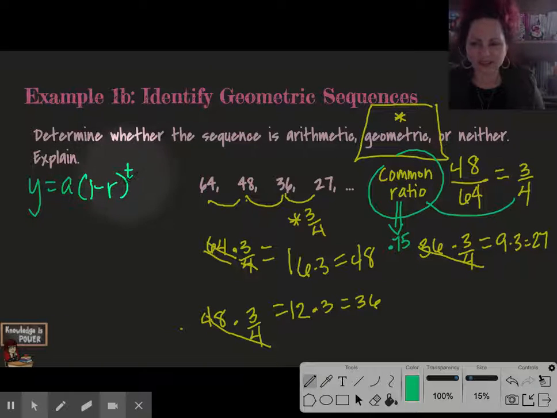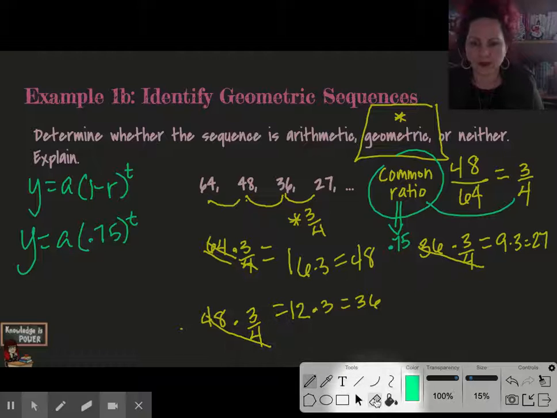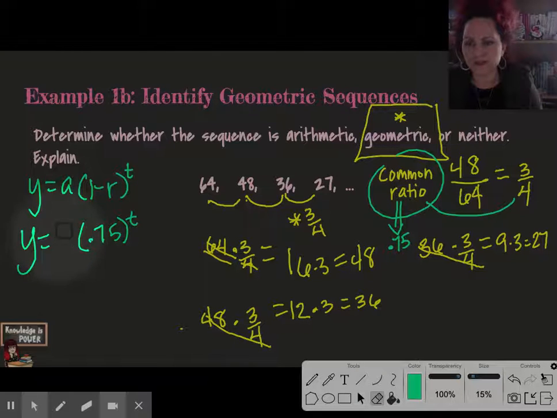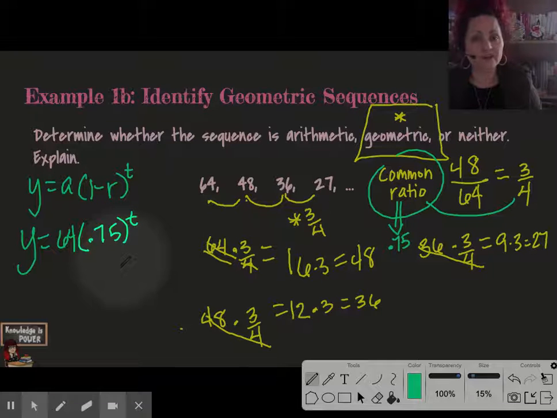So here's the thing: when we're looking at this, we're multiplying it by 3/4, right? The common ratio is the way that it would look like this. And our initial value in this particular case might be 64.